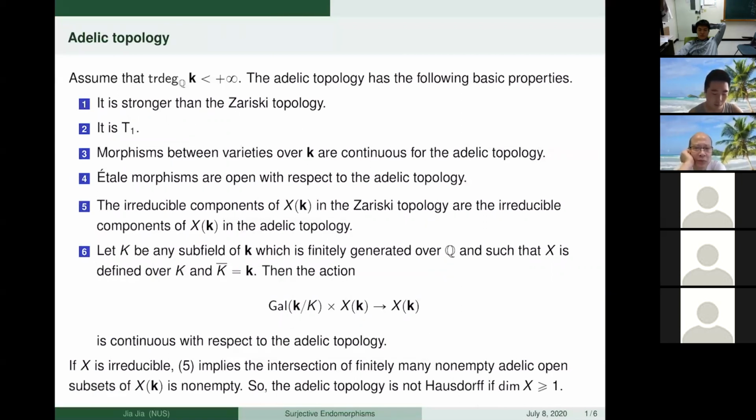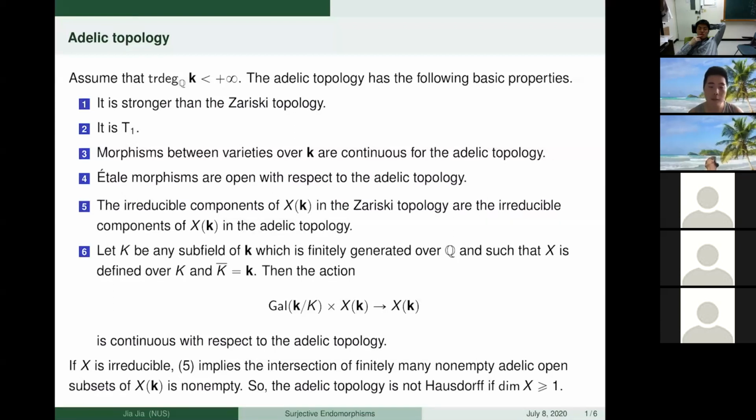The adelic topology is stronger than the Zariski topology. It's also T1. The morphisms in the Zariski sense are continuous for the adelic topology. And in particular, the endomorphisms are open. Another point is the irreducible components in the Zariski topology are preserved in the adelic topology.